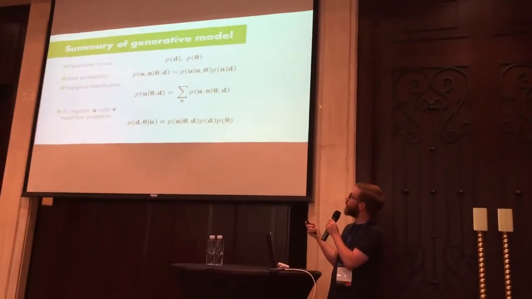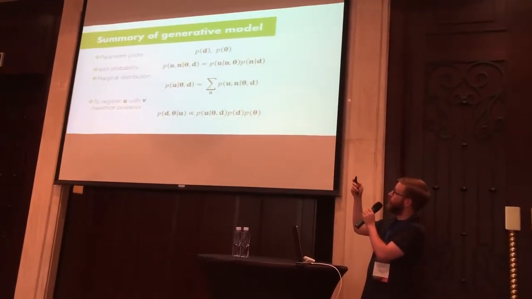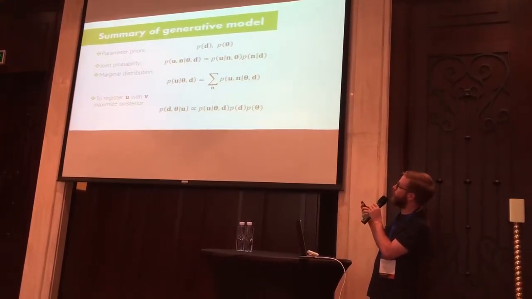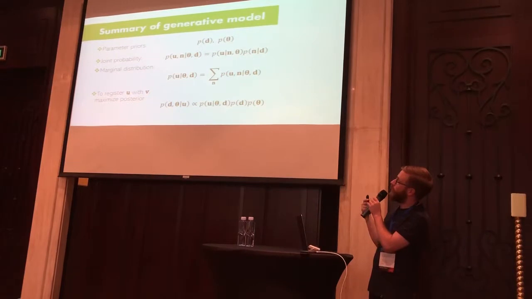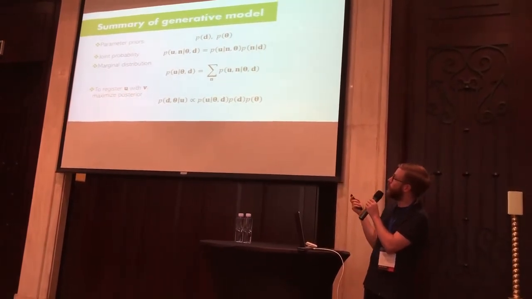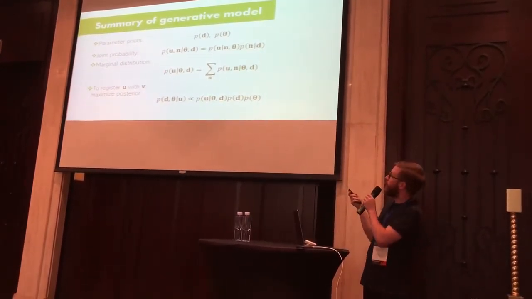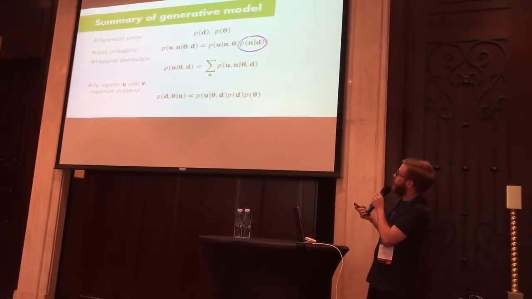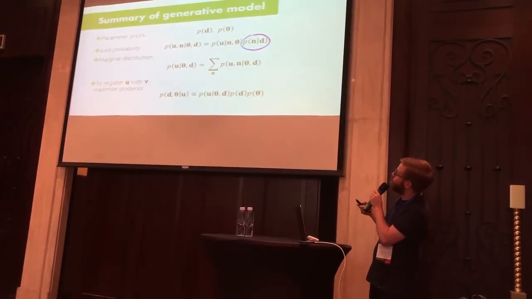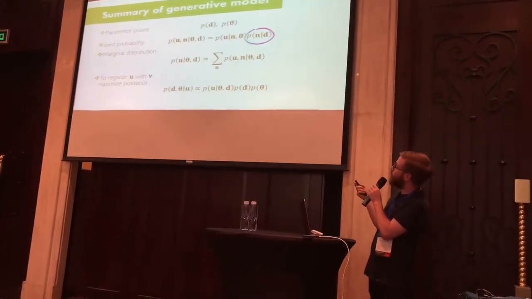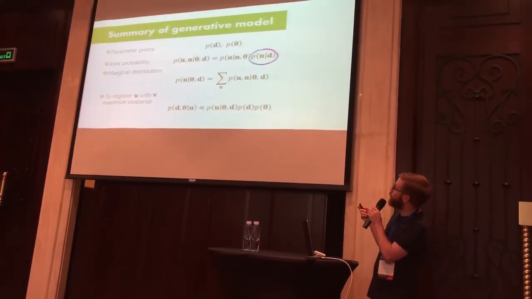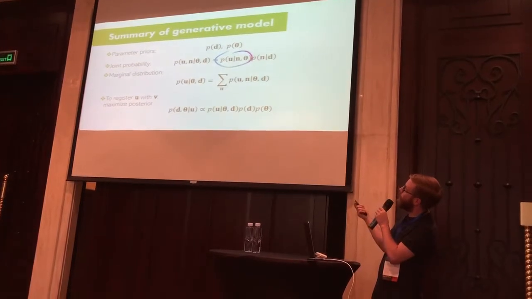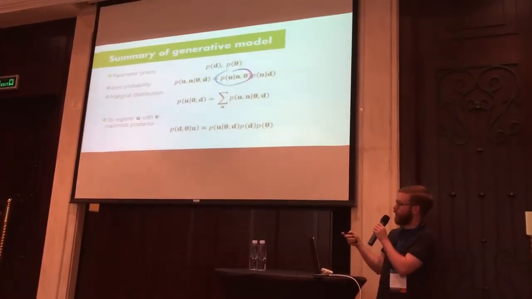So just to summarize the generative model, we have priors on the parameters, on the deformation field and the intensity parameters. Then we have a joint probability over U and N given the parameters. We have defined the probability of the latent variables N given the deformation field, and we have defined the probability of U given N and theta.